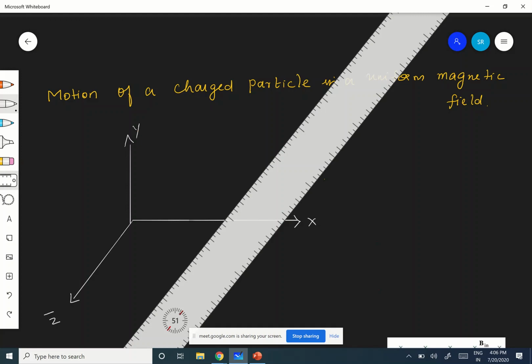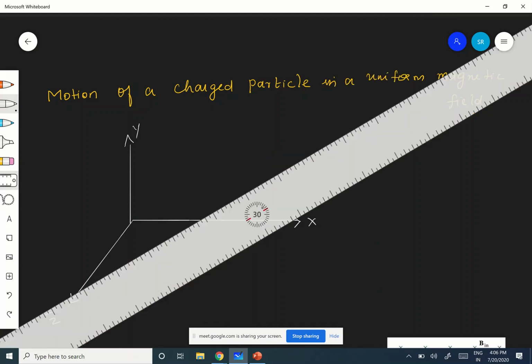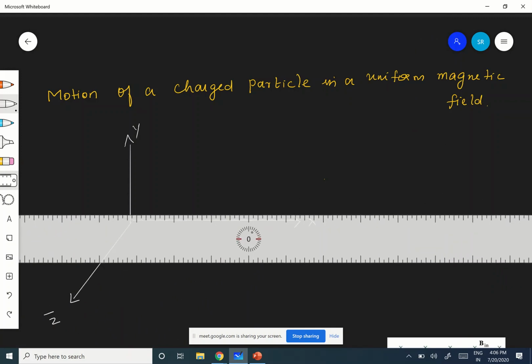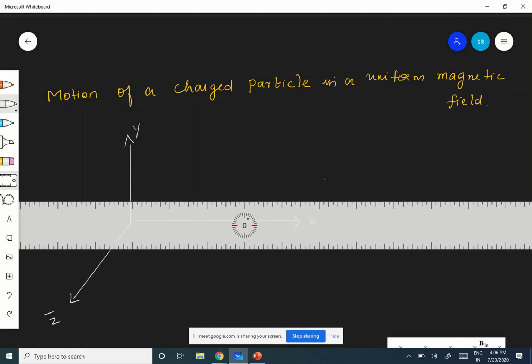Now what is the direction of the magnetic field? To start with, let it be along the x direction.